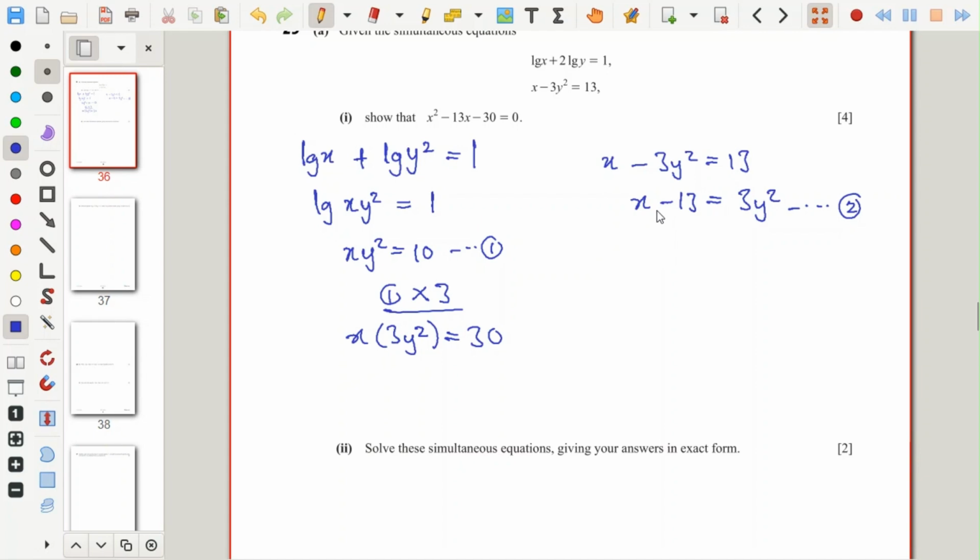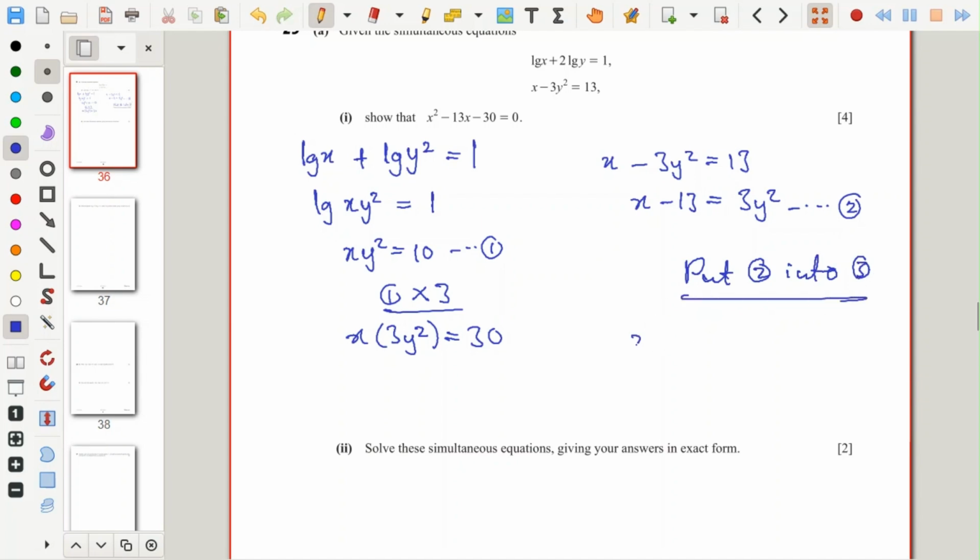So here, don't forget that 3y squared is what? So you are going to put 2 into equation 3.